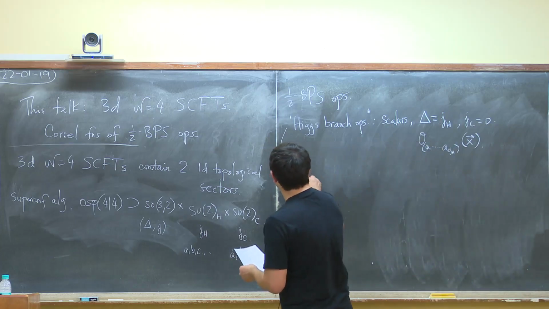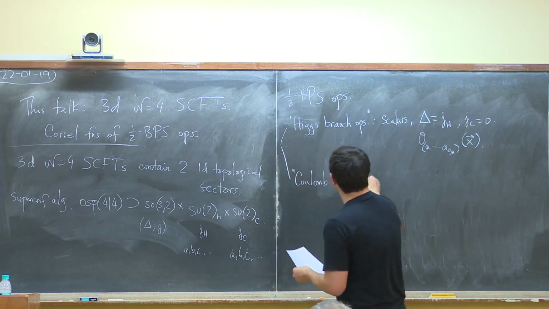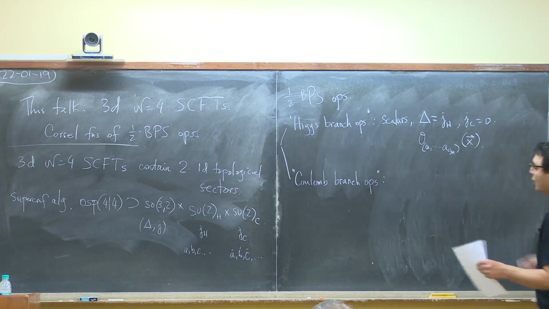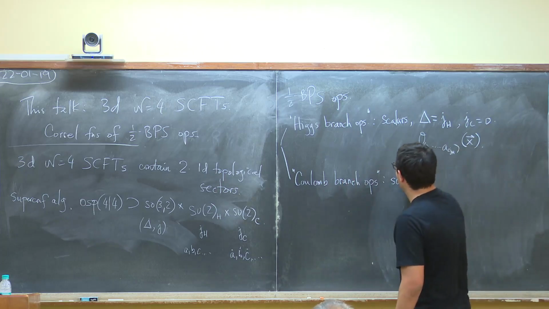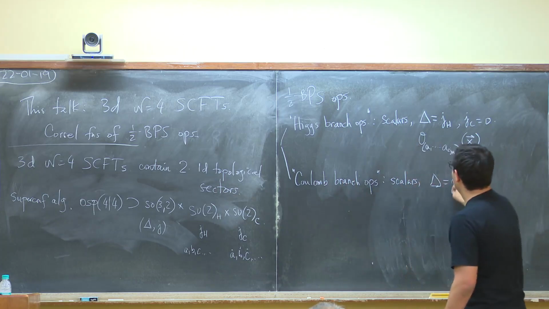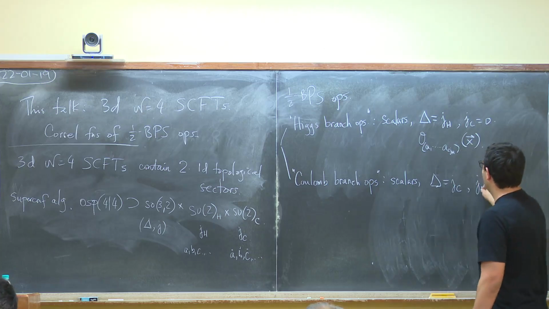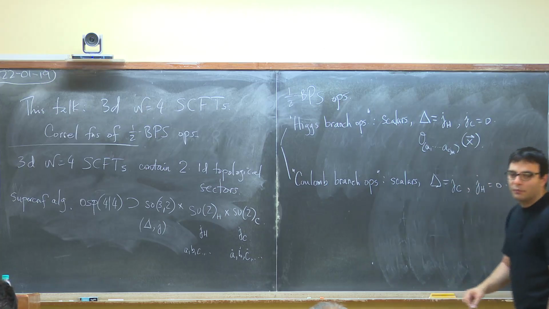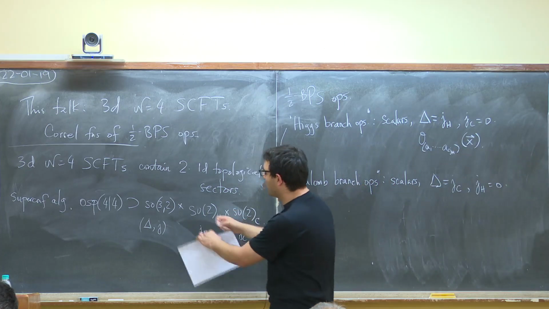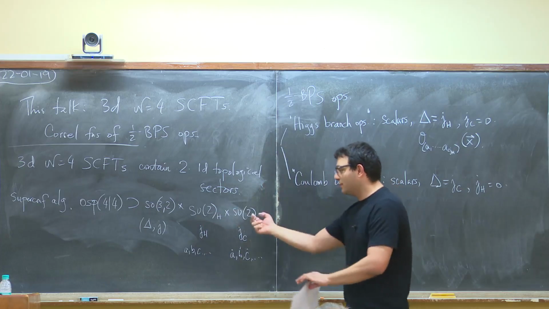And the other type is Coulomb branch operators, which are scalars. They have the dimension equal to the SU2C spin, and they're invariant under SU2H. Everything in these theories is symmetric, so if something happens for SU2H, there's a mirror dual that happens for SU2C.